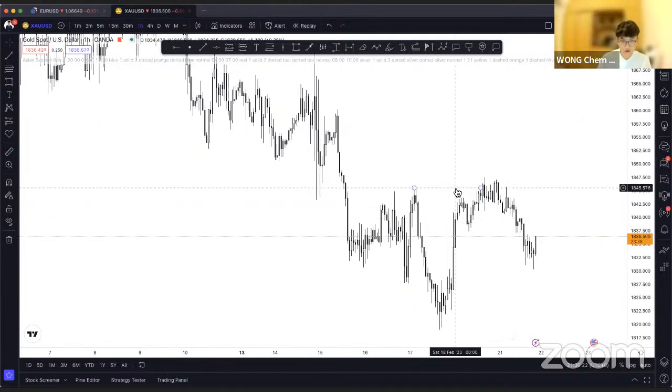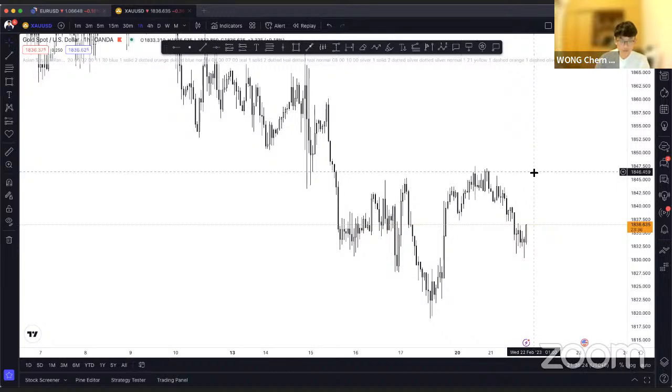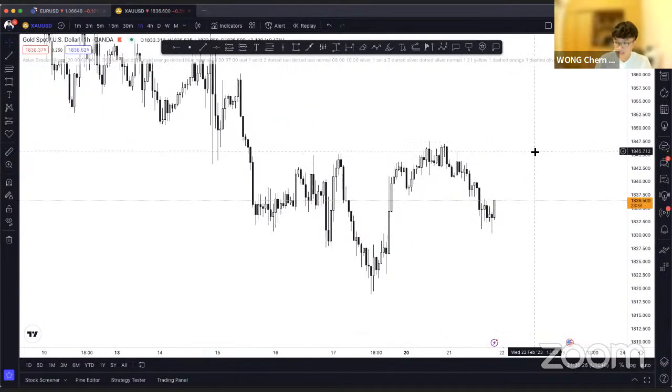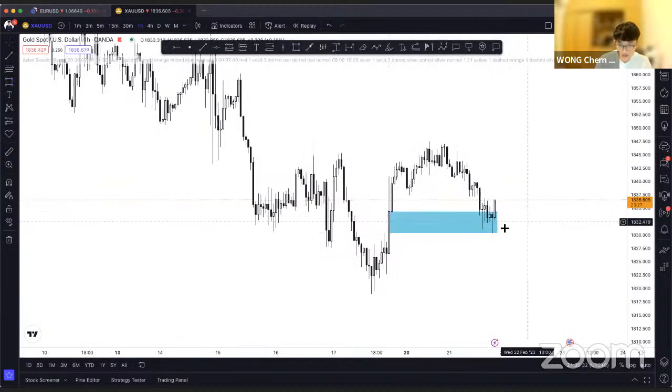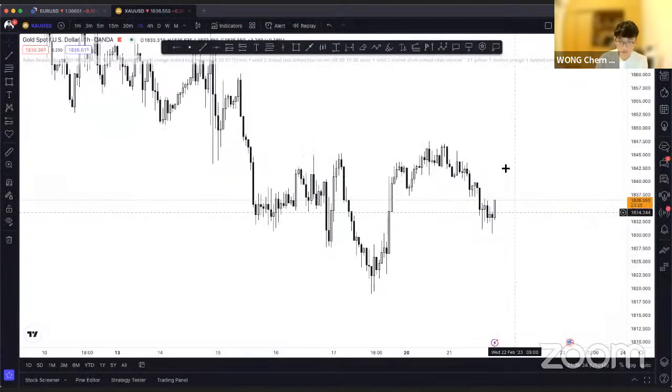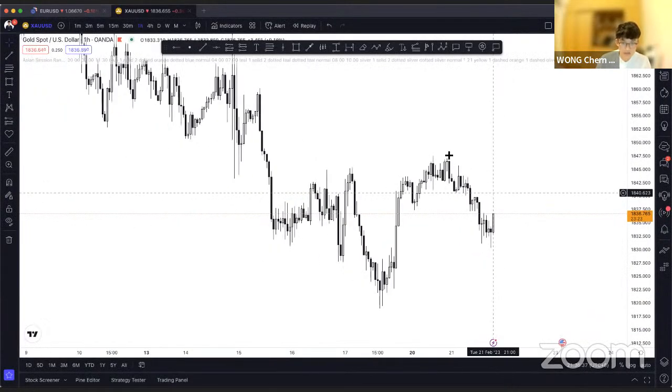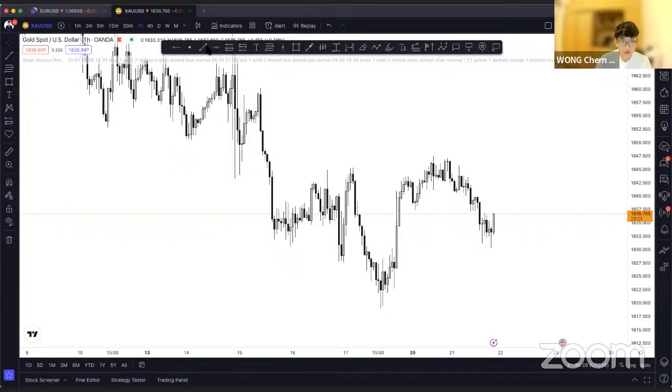On the hourly time frame, we see that price is currently reacting off this market inefficiencies area over here, and is currently rejecting off that area. Personally, I believe price has potential to continue heading lower, but there are multiple scenarios where gold might potentially move.